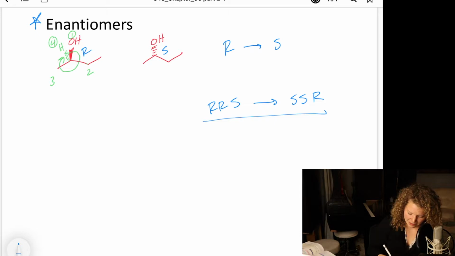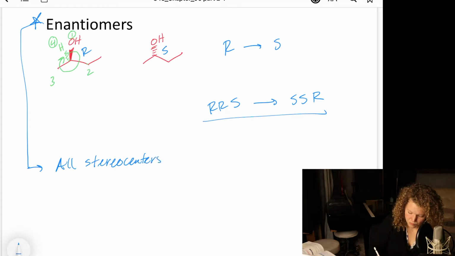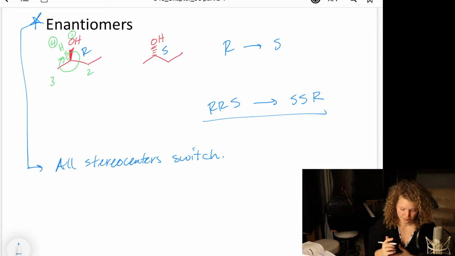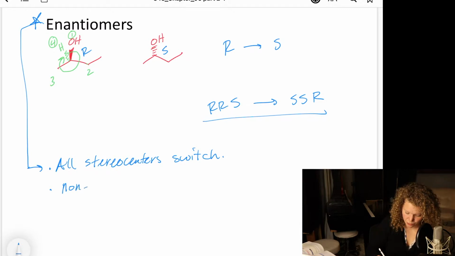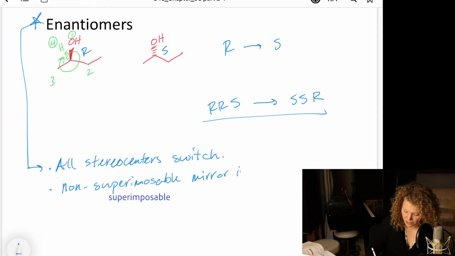So for enantiomers, all of the stereocenters switch. And like I said on the previous slide there, these are non-superimposable mirror images of each other.